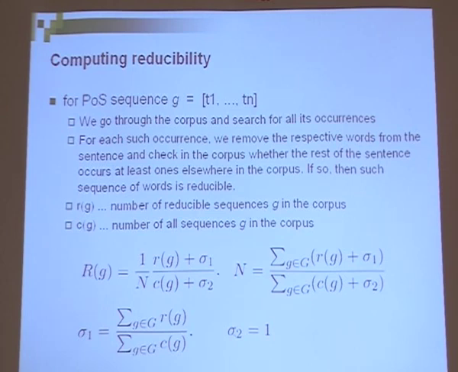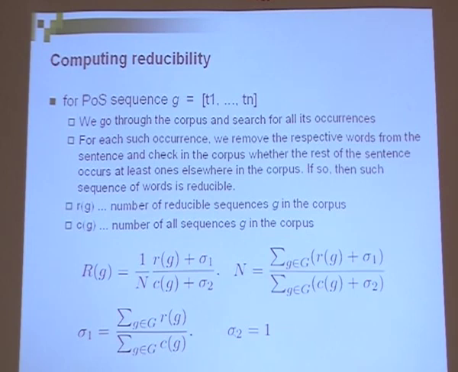For each such occurrence, I remove the respective words, the two words which are preposition and noun. And I check whether the rest of the sentence, which remains, is at least once somewhere in the corpus, which means whether it is grammatical or not. If so, then such a sequence of words is reducible. If not, it is not reducible.